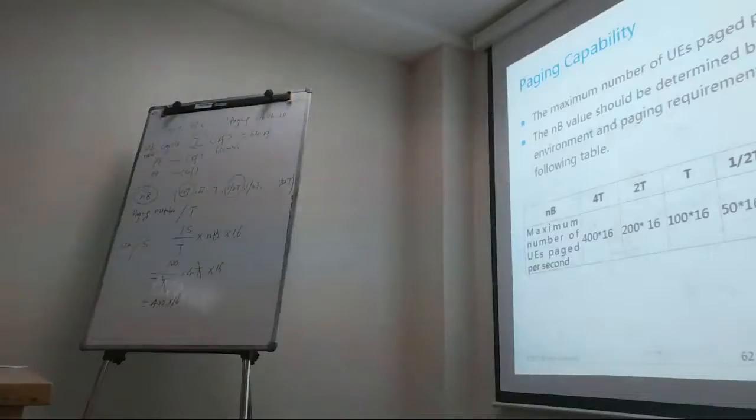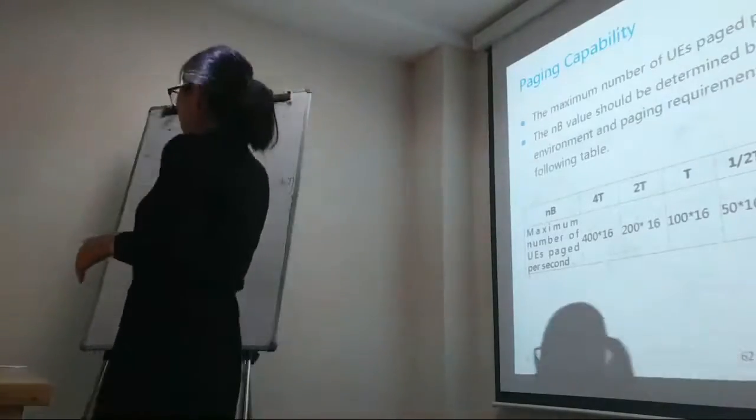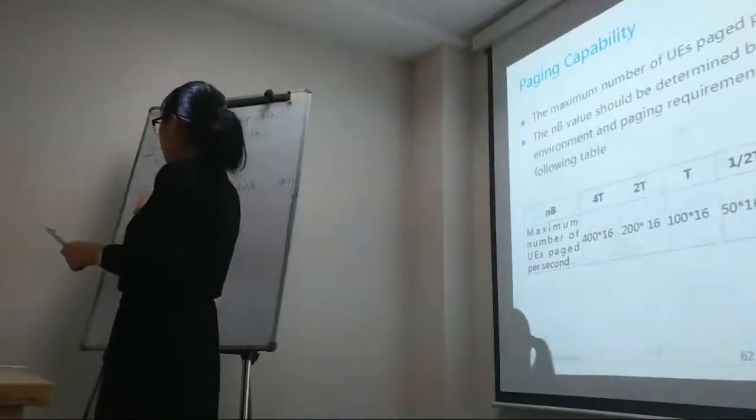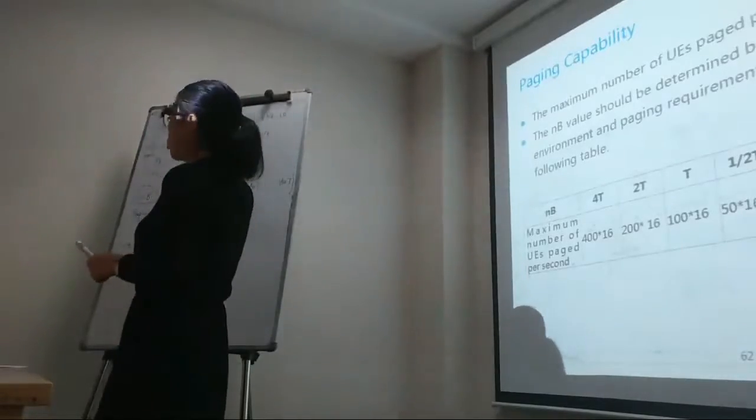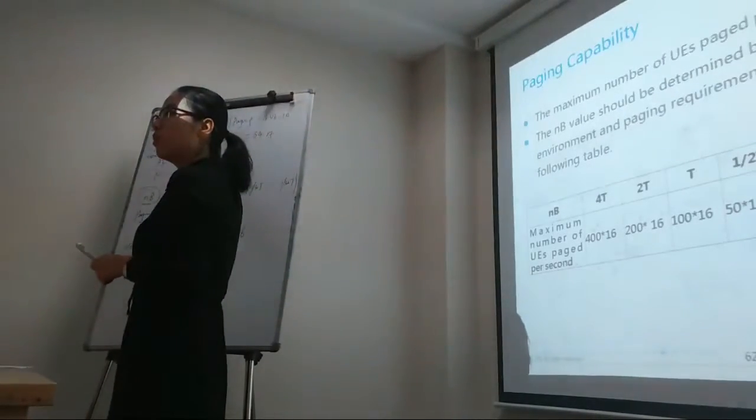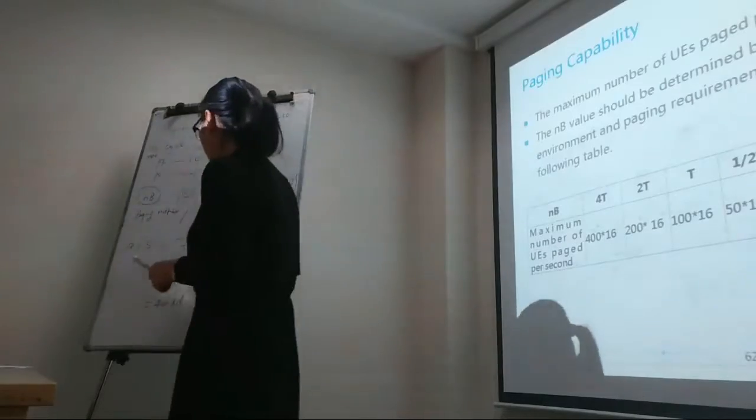So when we consider the capacity, we should consider the common UE capacity, not the different UE. I also said the capacity is only related to NB, not to the cycle.